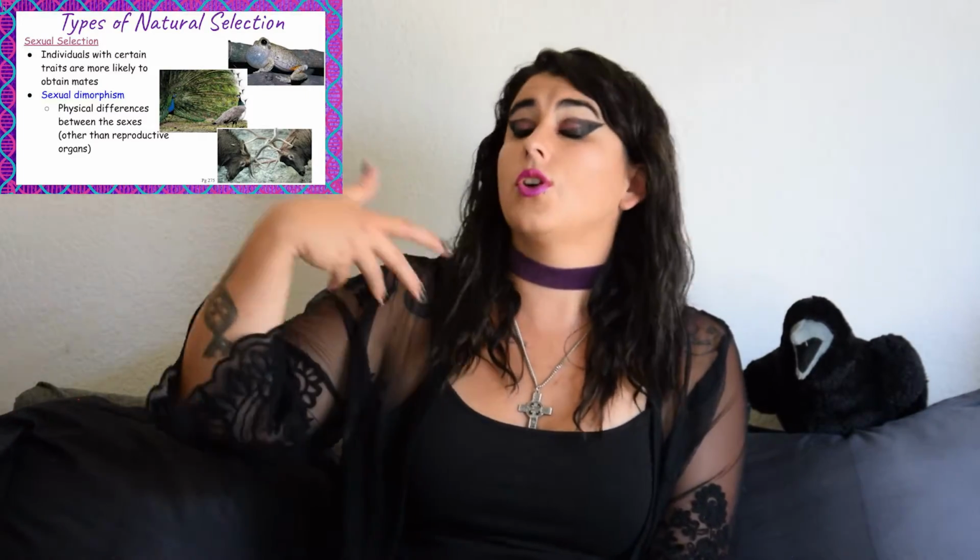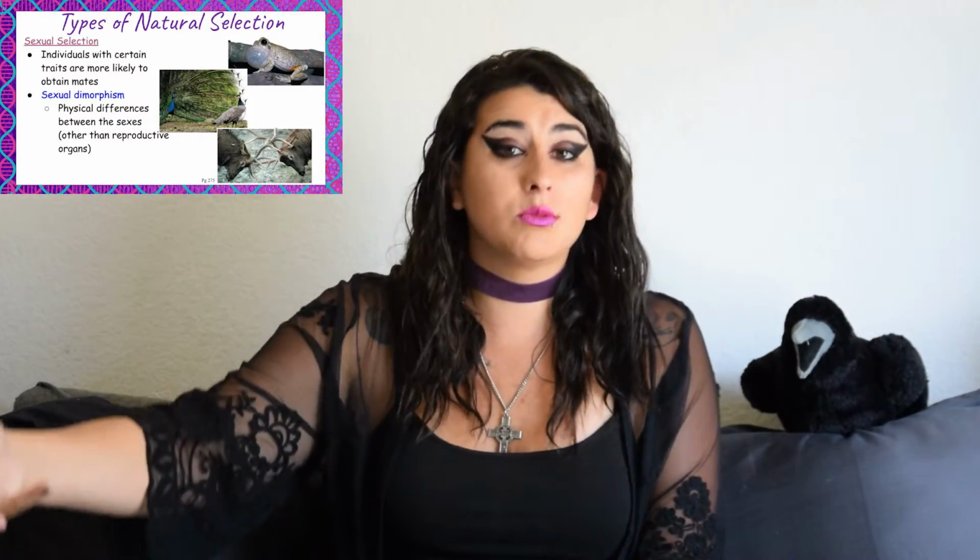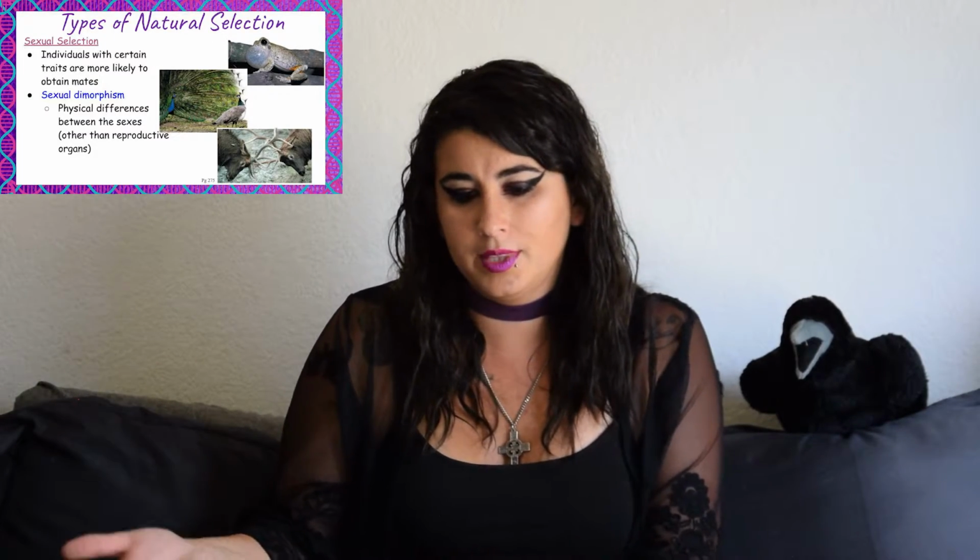That is a very extreme sexual dimorphism. And that's a type of sexual selection because the males with the more attractive plumage are going to attract more females. And thus, their mating is not random anymore because there's a selection taking place. And this is a type of natural selection. You can also get sexual selection happening through different vocalizations.